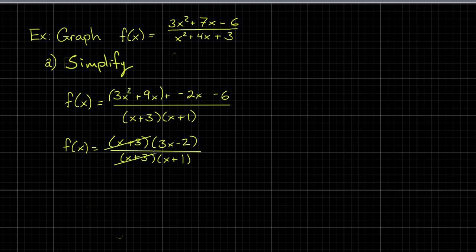We won't really be able to see it because points from geometry, if you recall, have no size to them. As small as you want it to be, we obviously have to put a point on our paper to see it, but there it is. Which means our real function in most simplified form that we're graphing is 3x minus 2 over x plus 1.